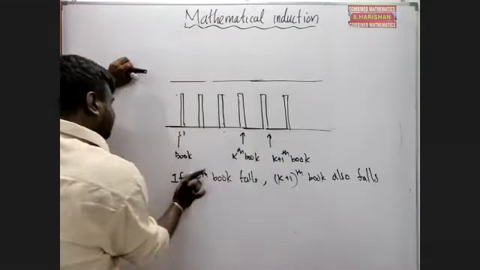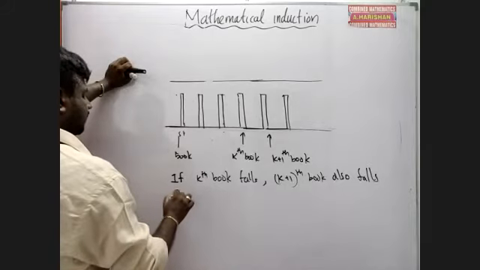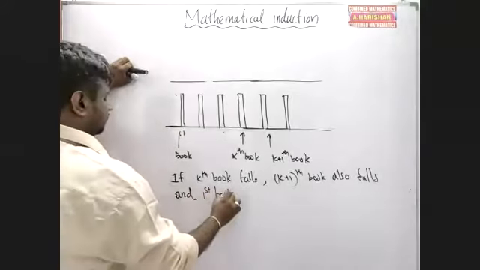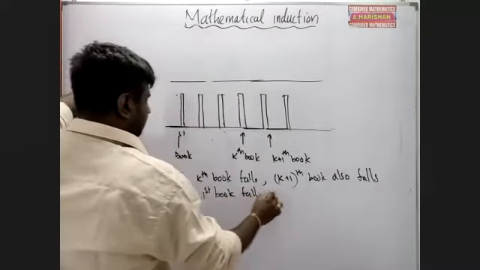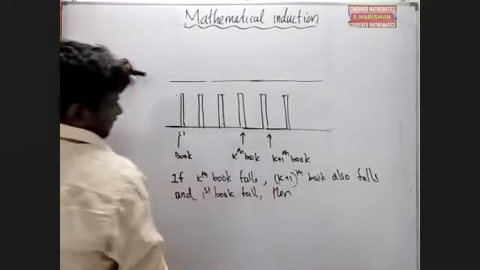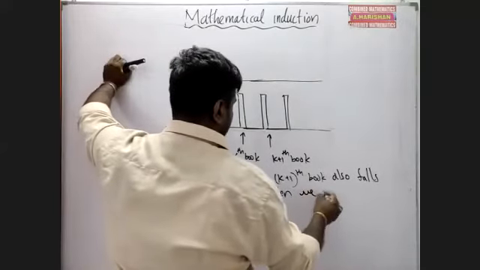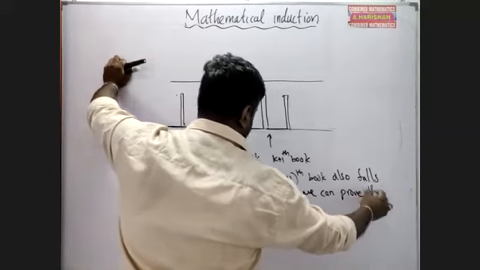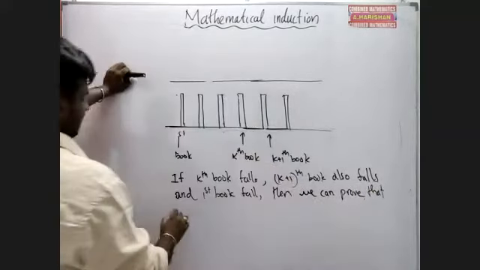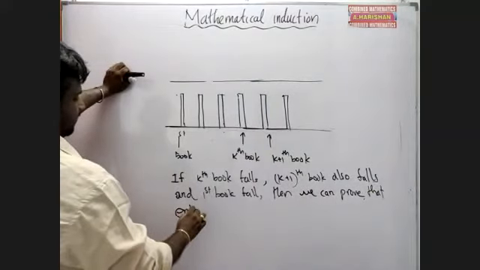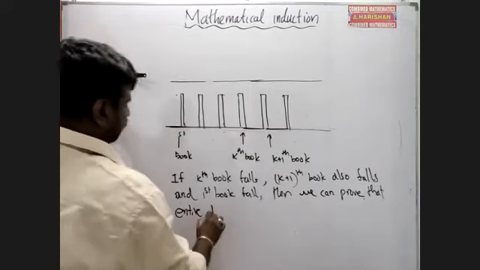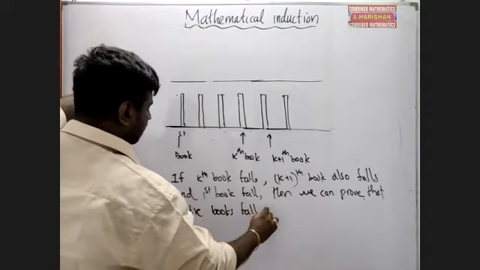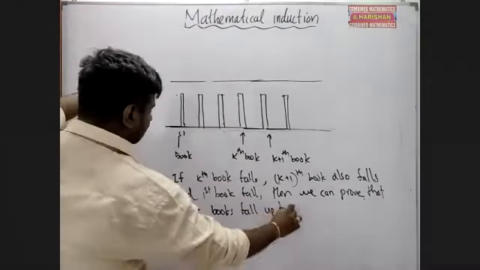And if the first book falls, then we can prove that the entire set of books falls up to n.